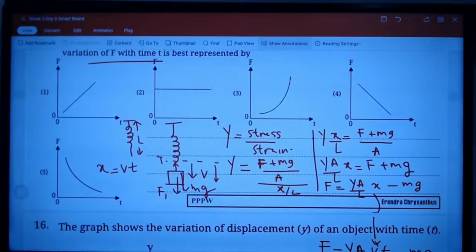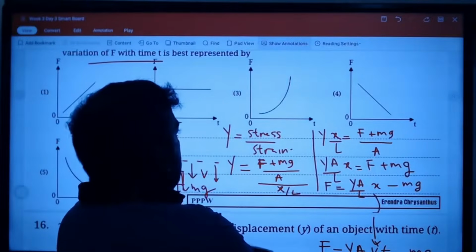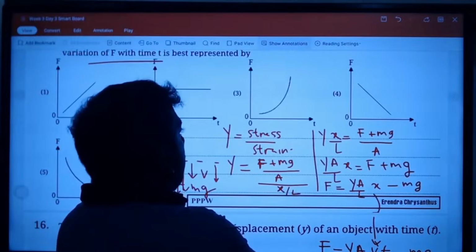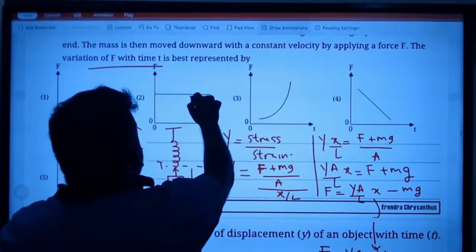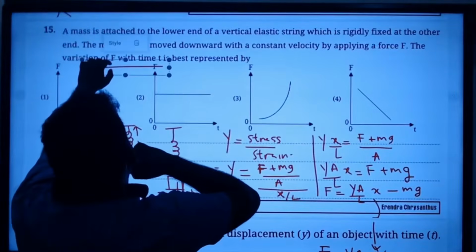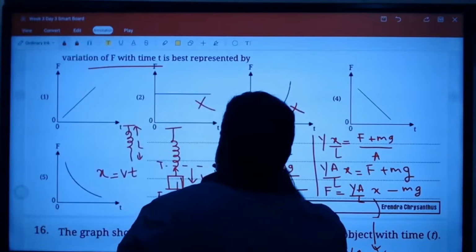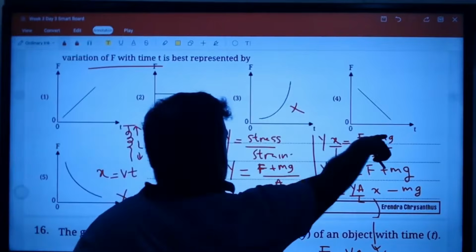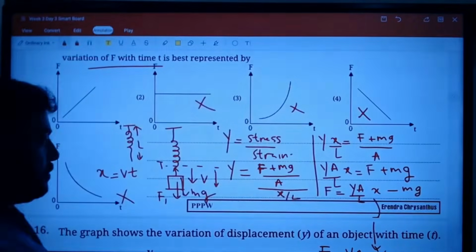Now if you look at it, guaranteed it won't be these graphs. Here it's y equals mx minus c, and I don't think it's a minus graph, so it's a positive gradient graph.